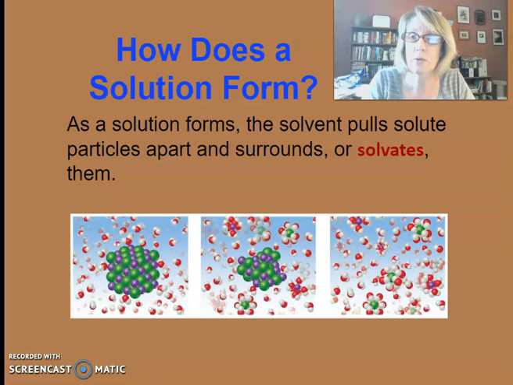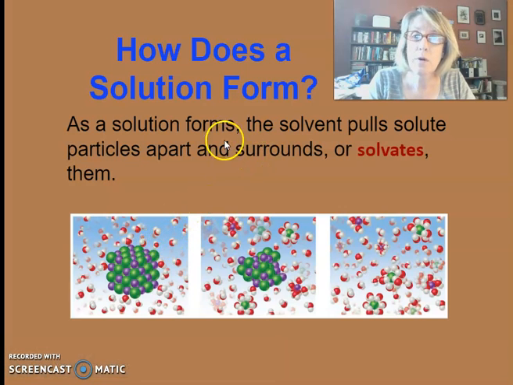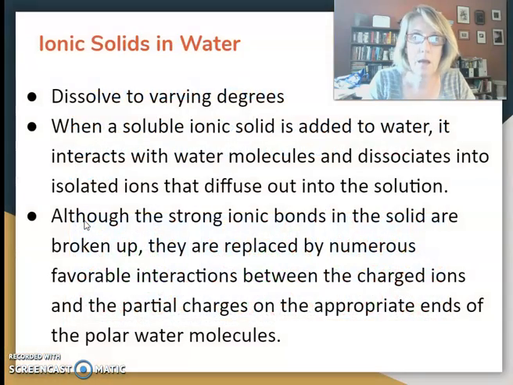Okay, and how does a solution form? Well, it depends on what these solute and solvents are. But in order for a solution to form, the solvent pulls the solute particles apart and surrounds, or what we say, solvates them. So there needs to be some attraction between the solute and the solvent. All right.